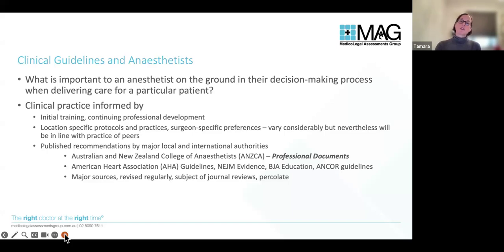The New England Journal of Medicine has a special evidence journal which percolates things down into really bite-sized, up-to-date information for us. The British Journal again has an education wing. The Australian National Council on Resuscitation regularly introduces updates for us. And those are the sorts of sources that we revisit regularly.